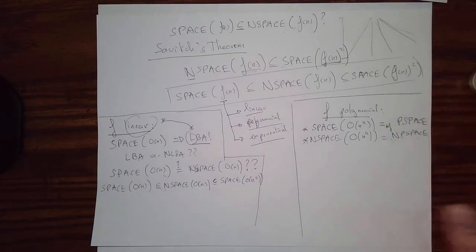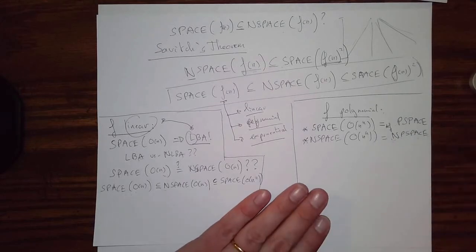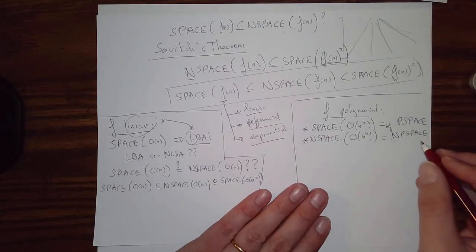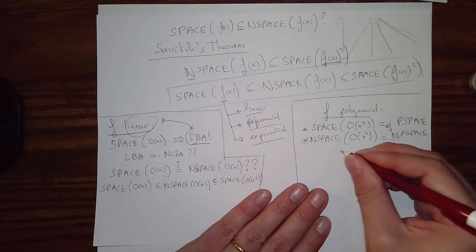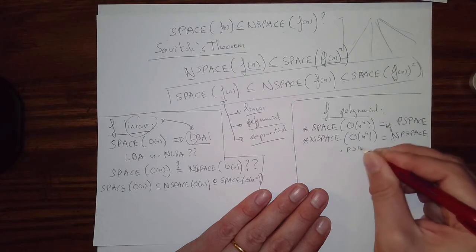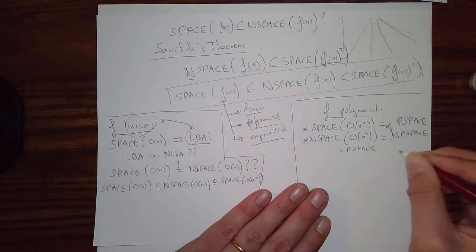Now, how can these two compare? Still an interesting question, right? We have several solutions, right? Take a minute just to try to think about it and try to make sense of it.